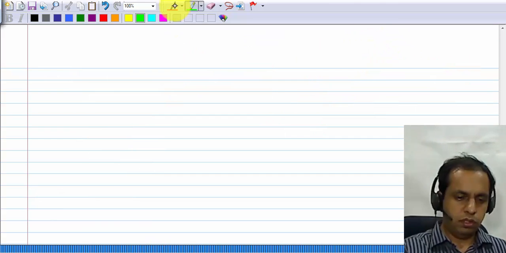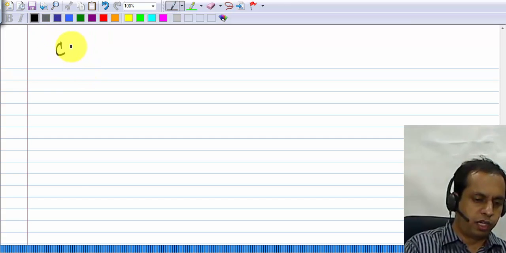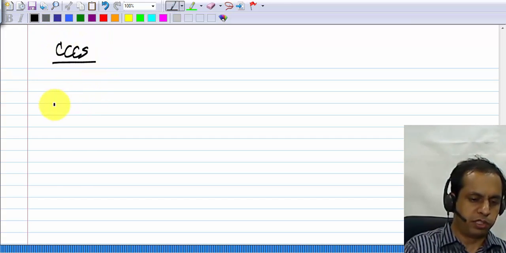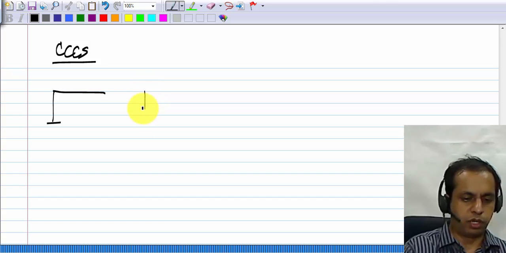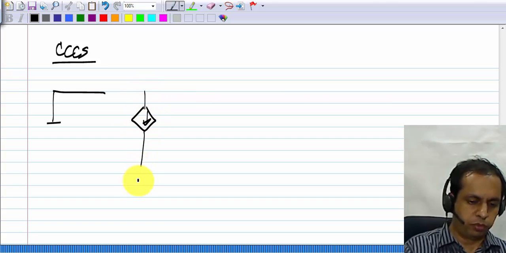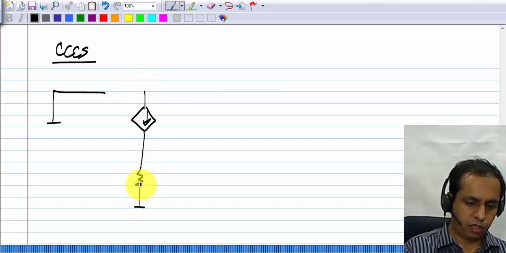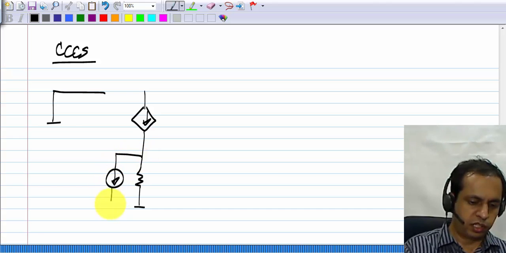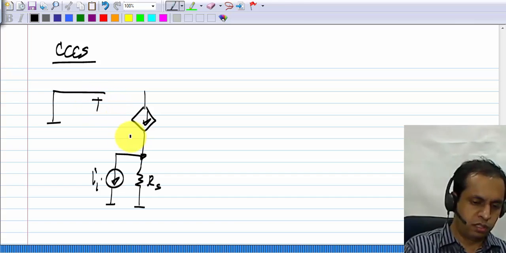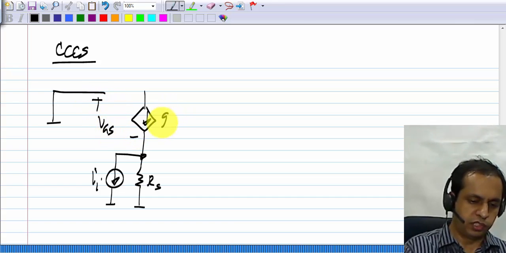Okay. So in summary, our current controlled current source, the small signal picture looks like this. The gate is connected to ground, and the input source is connected to the source terminal. This is II and RS. This is VGS and this is GM VGS.